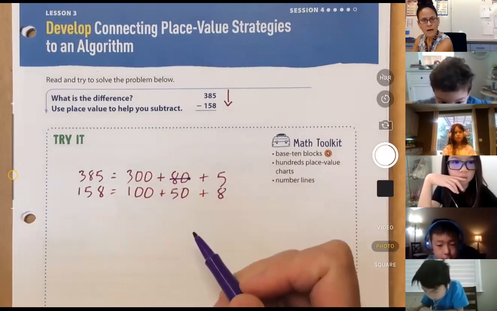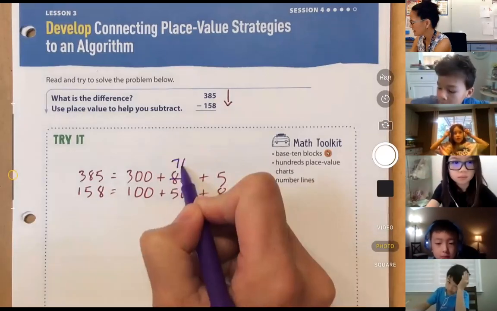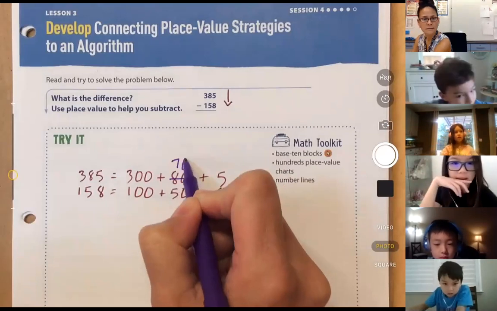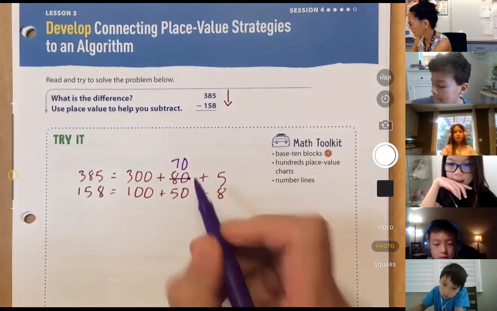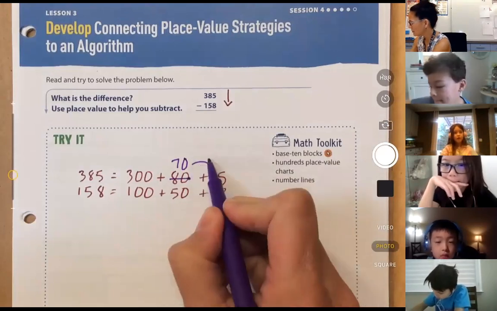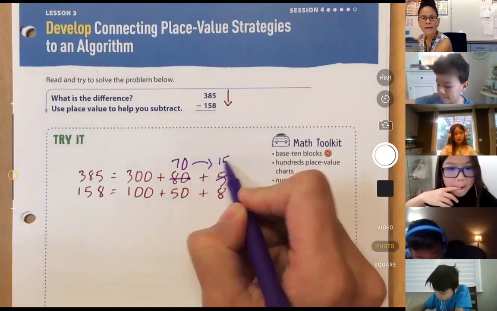So I'm going to regroup by taking 10. I'm going to take that 10 and I'm going to move it next door. So instead of 5 ones, I now have 15.